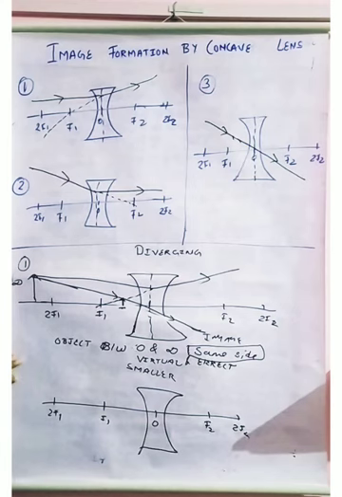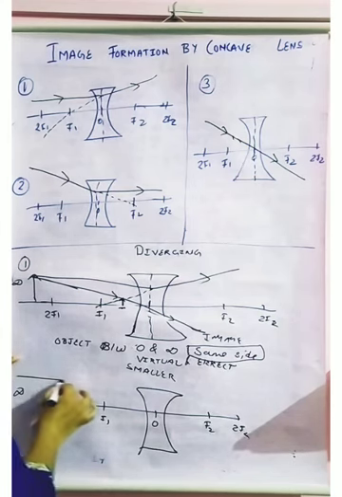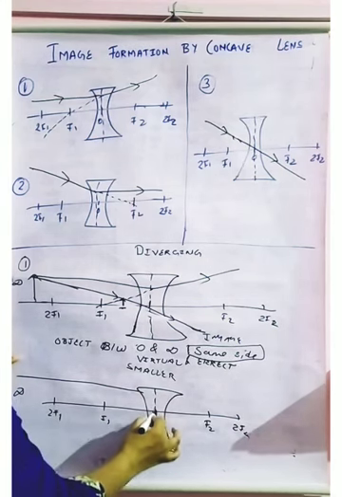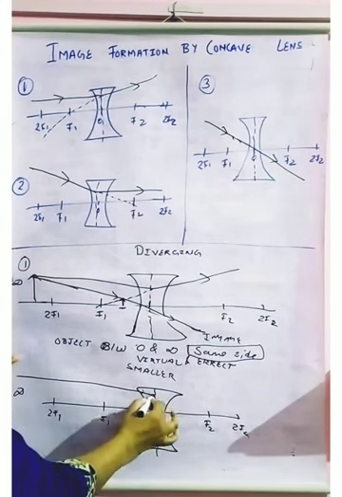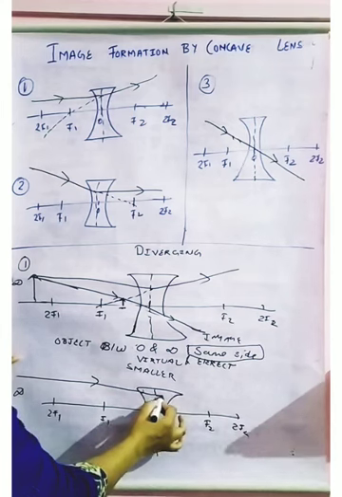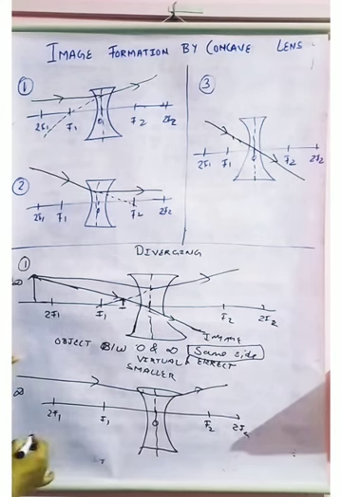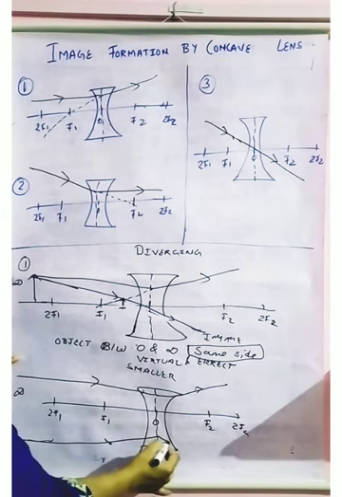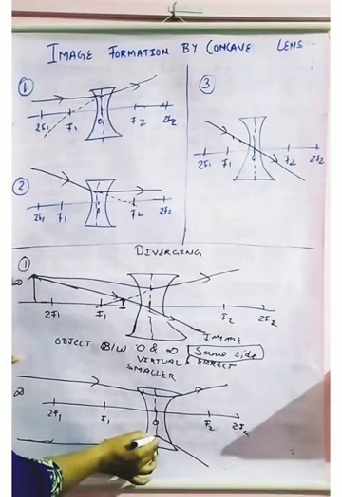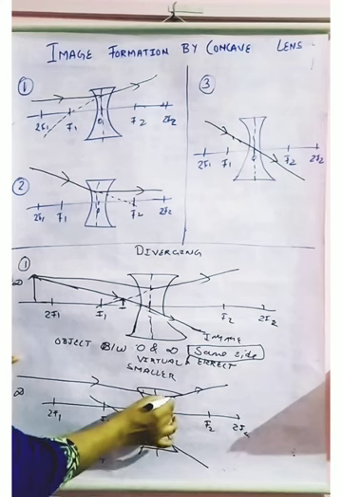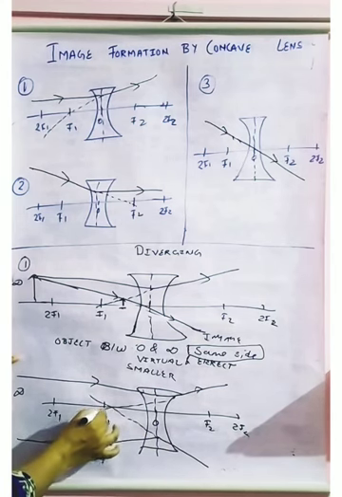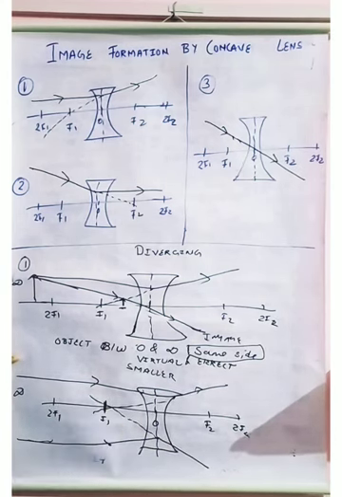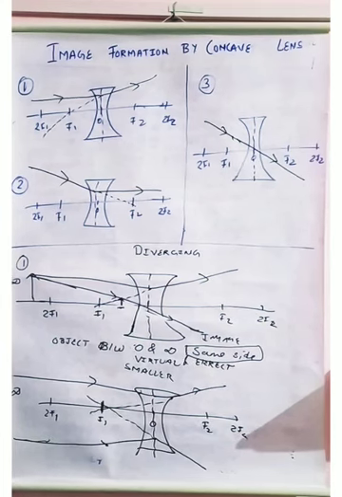Now suppose the object is placed at infinity. The ray comes parallel to the principal axis and gets diverged. When you extrapolate it backward, your image is going to form at F1.